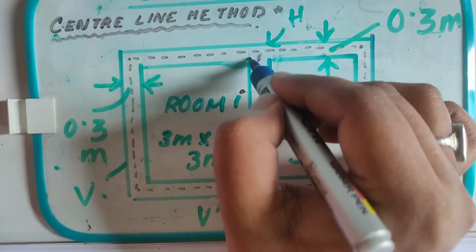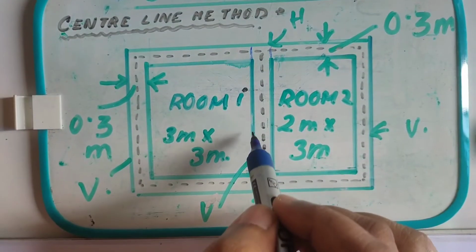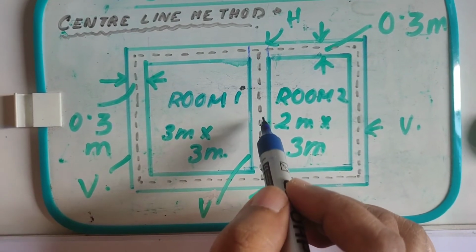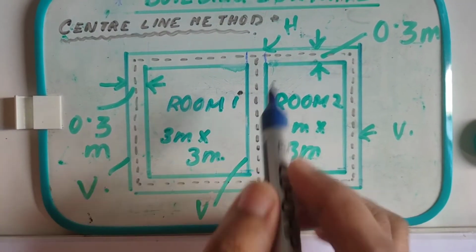now we need to find this distance. We already know the thickness of the wall, that is 0.3 meter.